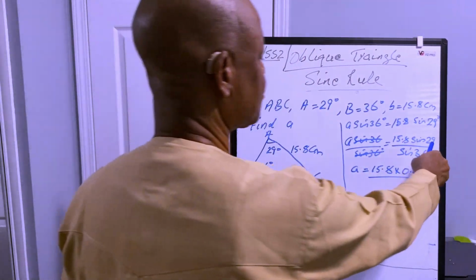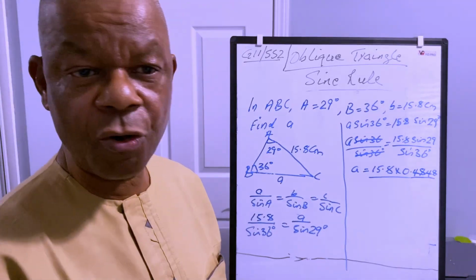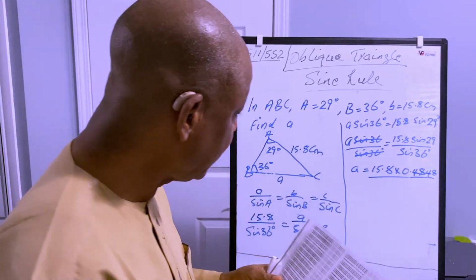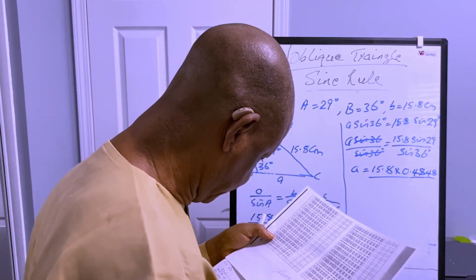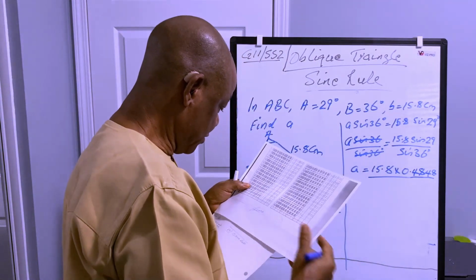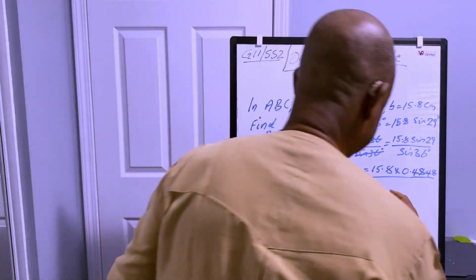Remember, we're looking for sine 29 degrees under 0. Then sine 36 degrees, we also pick it from the four-figure table. Sine 36 says 0.5878. That's the value.